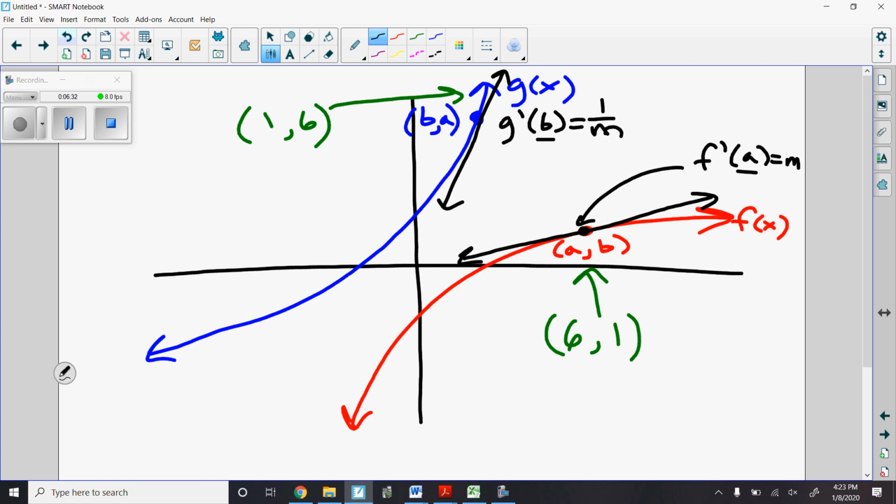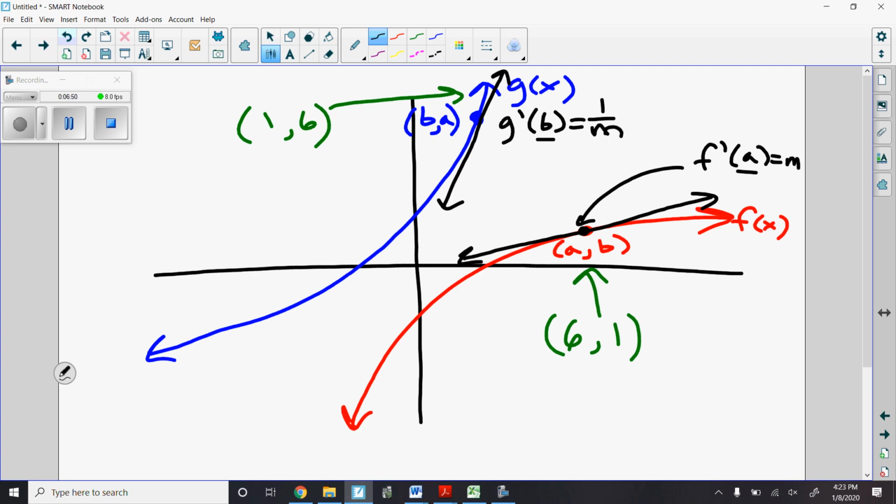What's confusing for a lot of students is that we're not using the same x value in both of them. The x value of one is always the y value of the other, and vice versa. That's something we have to keep in mind.